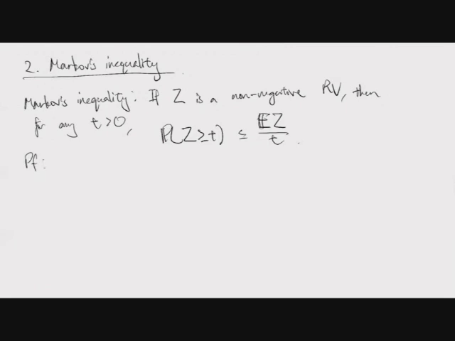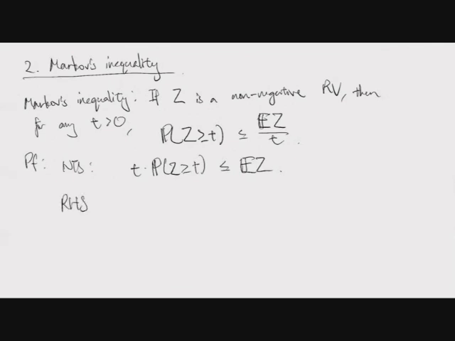Okay, so let's do a quick proof. The above is equivalent to, if I multiply both sides by t, t times the probability that Z is bigger than t is at most the expectation of Z. Now let's look at what the two sides are.